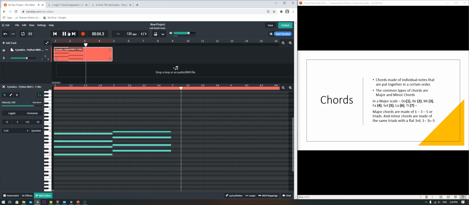Yep, that's right. So push back the seventh and the third, and then you have your minor seventh. All right, so that's basically it.